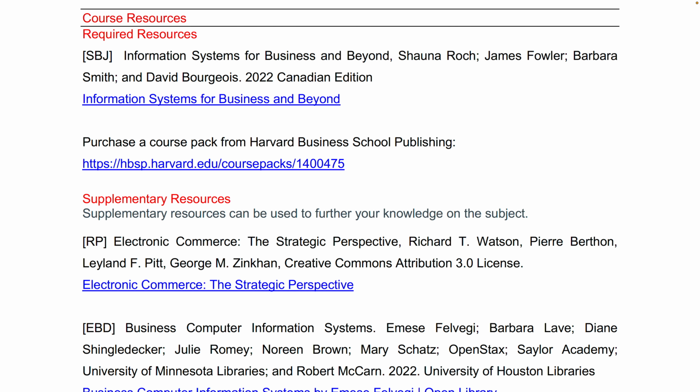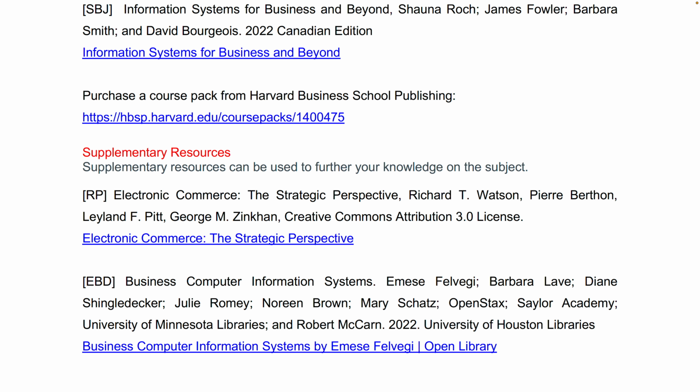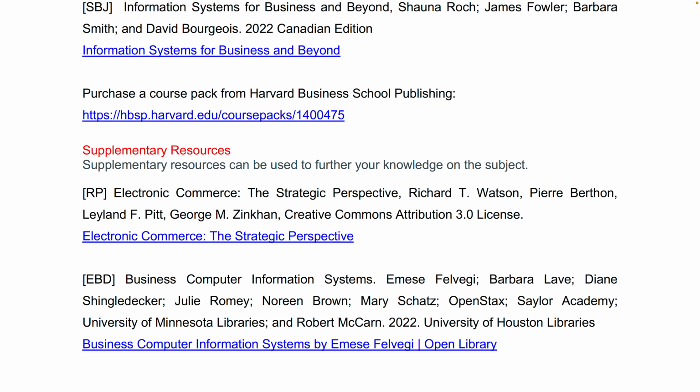It will primarily be a demonstration of how you can take these components of information technology and solve it in a business context. Supplementary resources are also free of cost. One focuses on electronic commerce, the strategic perspective, and the other one business computer information systems.